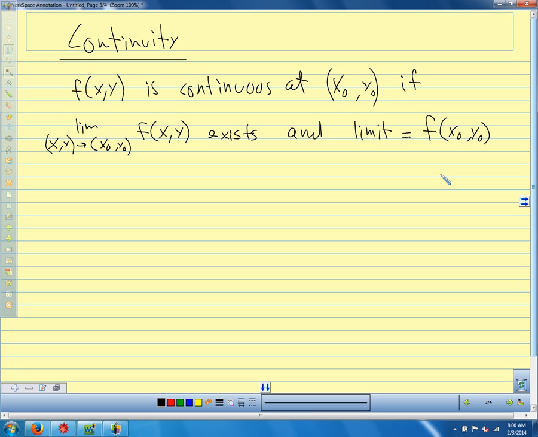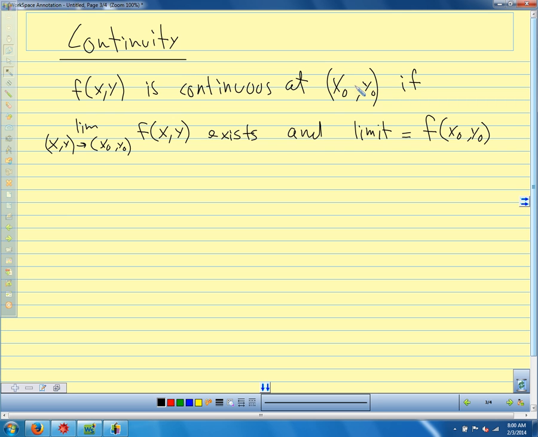We don't want any kinds of jumps or strange things happening. Our ideas of continuity from single variable functions transfer over to multivariable functions. We can multiply a function by a scalar multiple. That's not going to change our continuity. As long as we have continuous functions, we can add and subtract continuous functions and get another continuous function. We can multiply continuous functions and get continuous functions. We can find quotients of continuous functions, and we still get a continuous function.